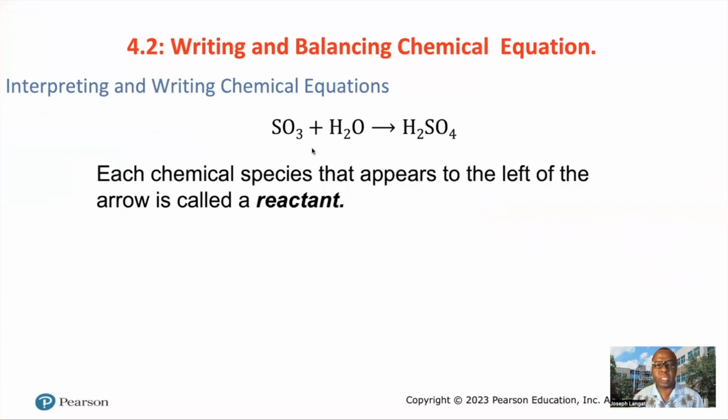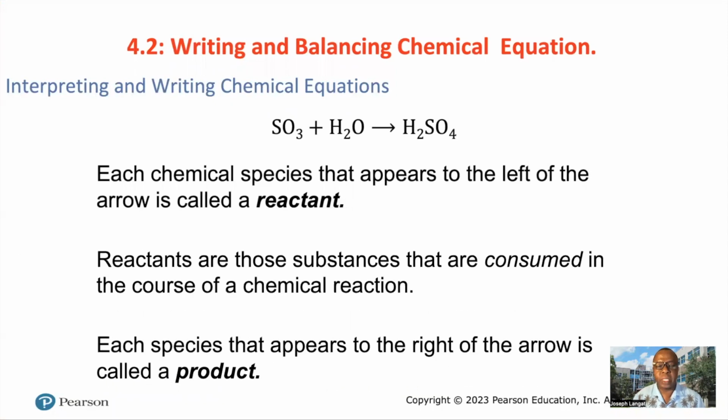This is sulfur trioxide. You read this as sulfur trioxide reacts with water to produce sulfuric acid. On the left side of the reaction arrow, we call those reactants. On the right side, we have the product.